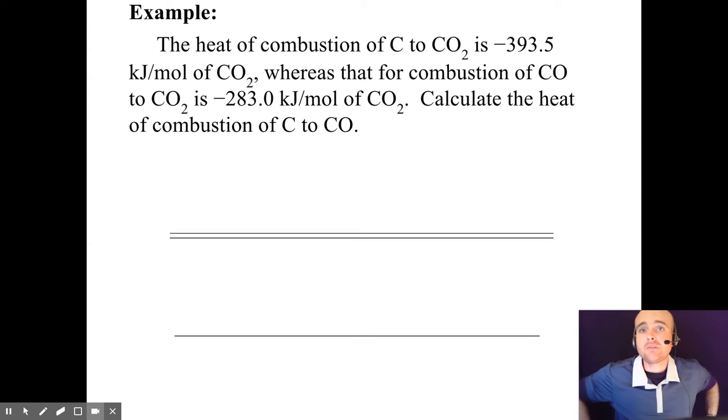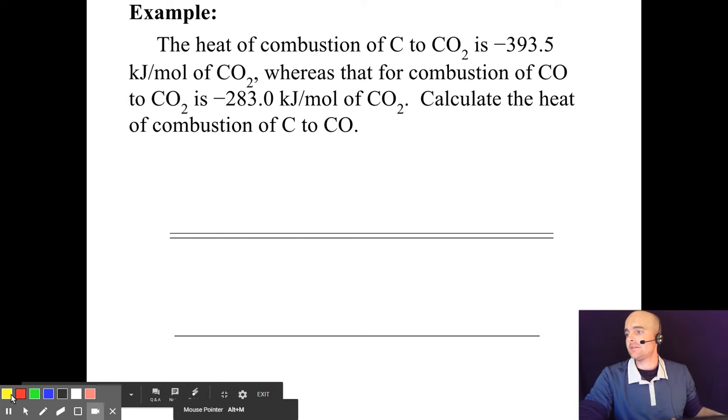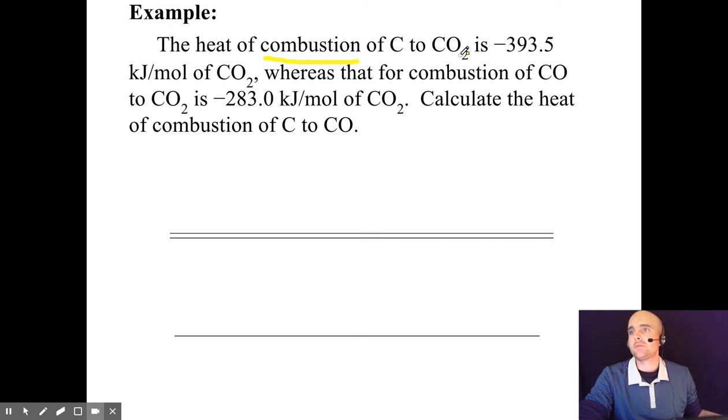One more example of Hess's law. I want you to calculate the heat of combustion of carbon to carbon monoxide. The heat of combustion of carbon to carbon dioxide is negative 393.5 kilojoules per mole of carbon dioxide. That means that 1 mole of carbon dioxide will release this much amount of heat.